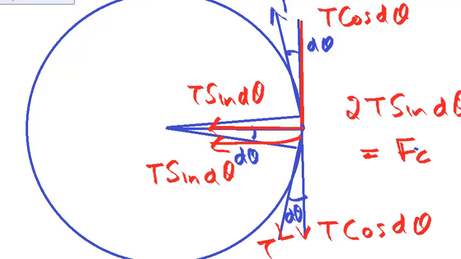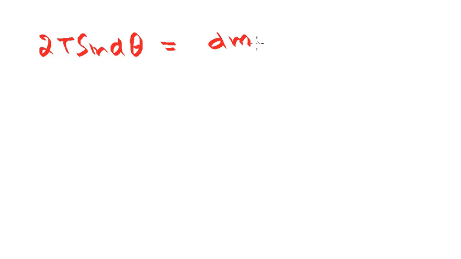Now what to do? Substitute and calculate. So the final steps are like this. 2t sin d theta is the resultant component of the tension, and this should be equal to the mass which is rotating, dm, its radius is r, dm r omega square.